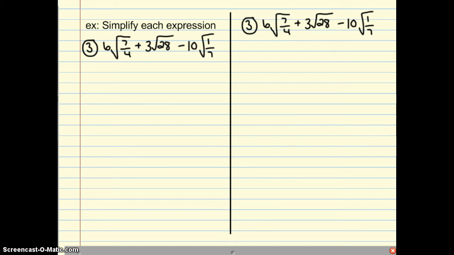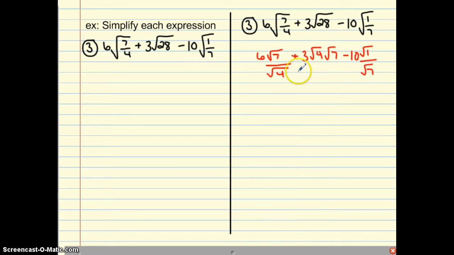When we have square roots of fractions, the first thing that we're going to do is we're going to square root the top and we're going to square root the bottom. And we will go ahead and simplify this next piece a little bit. 3 root 4 root 7 minus 10, and we'll square root the top, and we will square root the bottom. Ew, that's going to be gross in a minute, but we'll get it fixed.